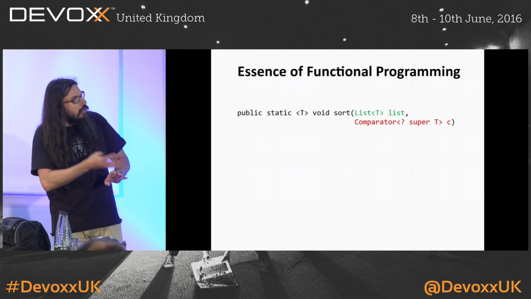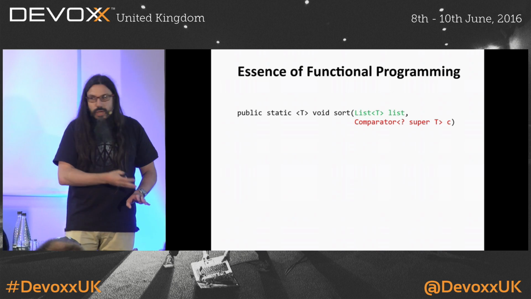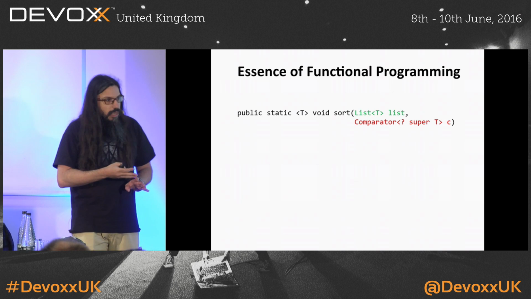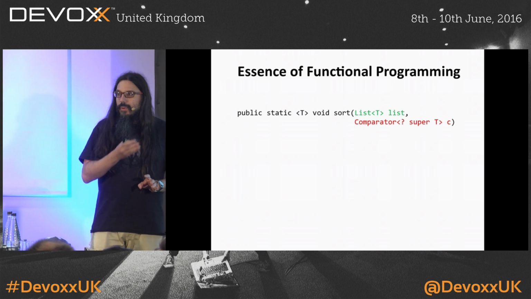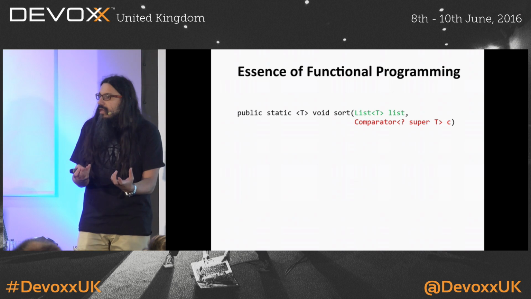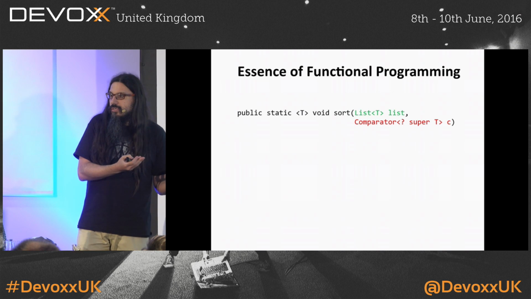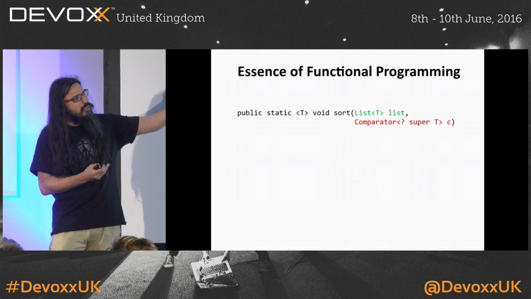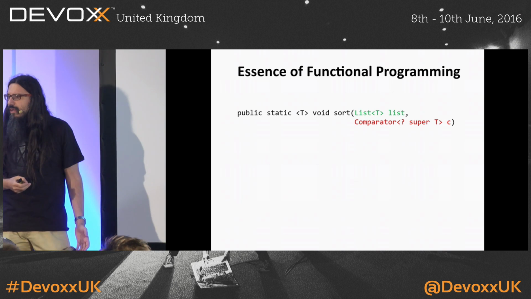What functional programming is telling you is that data and behaviors, data and functions operating on them, are exactly the same thing, and you already have this syntax in Java. This is a method, I think it was introduced in Java 5.